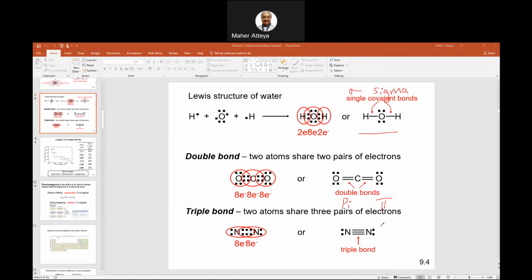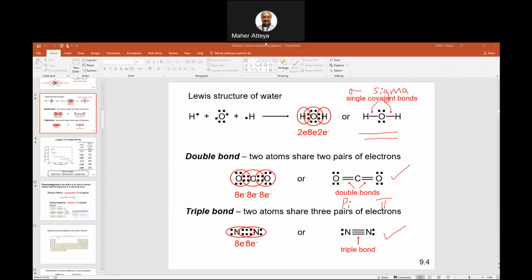So you can see the covalent bonding can have single, can have double, can have triple. Now, do we have a quadruple? No, there is no quadruple bond you have ever seen. But there is something called a coordination bond, which can be 4, 5, 6, 12.